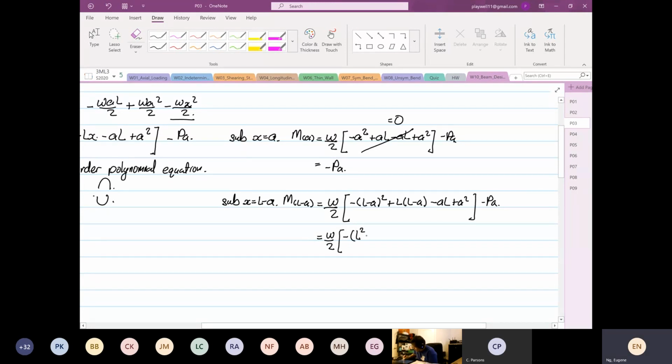So minus L squared minus 2AL plus A squared, plus L squared minus AL, minus AL plus A squared, minus PA. So this is equal to omega over 2 times minus L squared plus 2AL minus A squared plus L squared minus 2AL plus A squared minus PA.